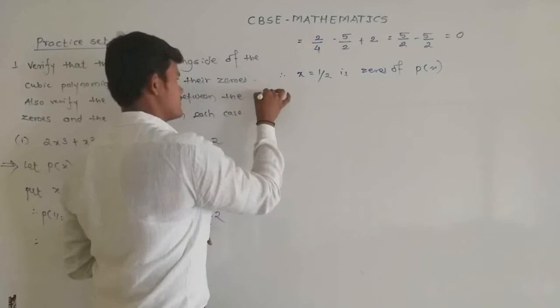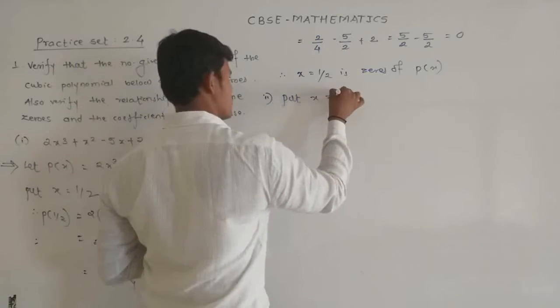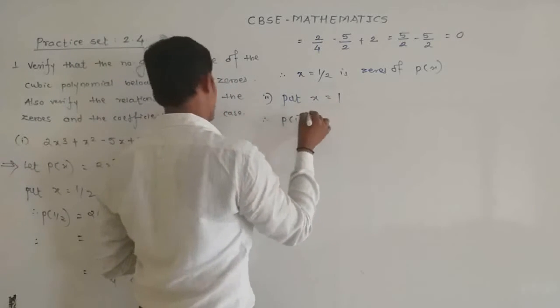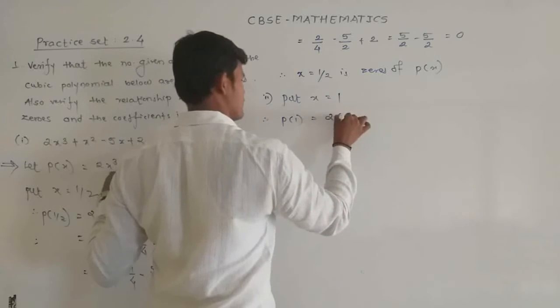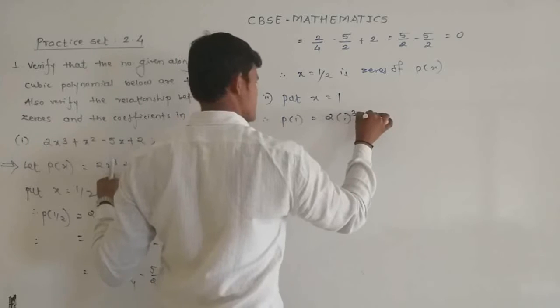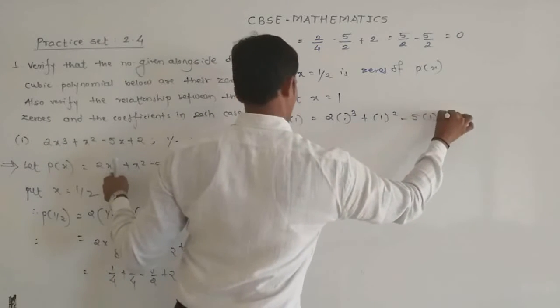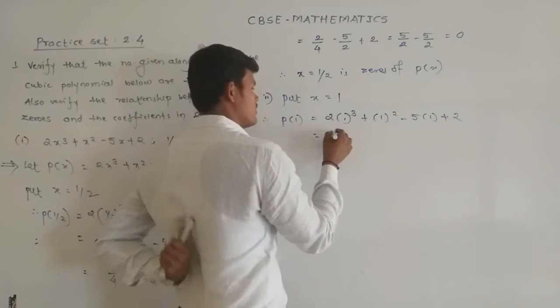Now second, put x equals to 1. So p of 1 is equal to 2 in bracket 1 cube plus 1 square minus 5 into 1 plus 2. So we get 2 into cube of 1, that is 1.